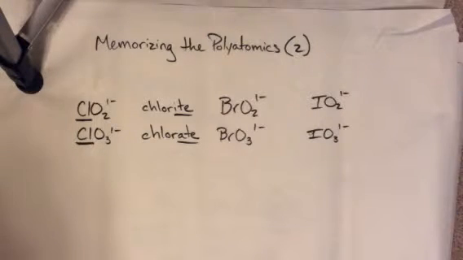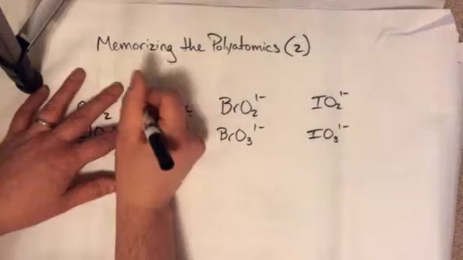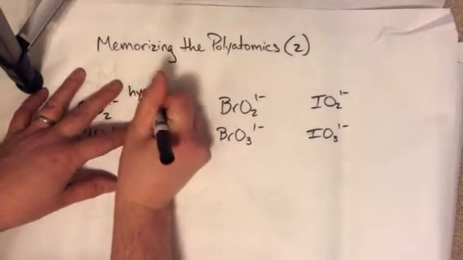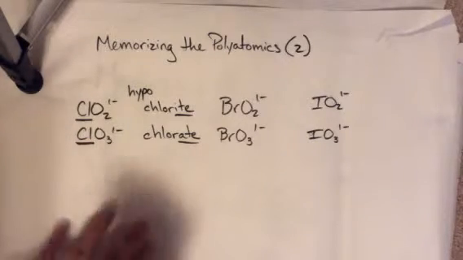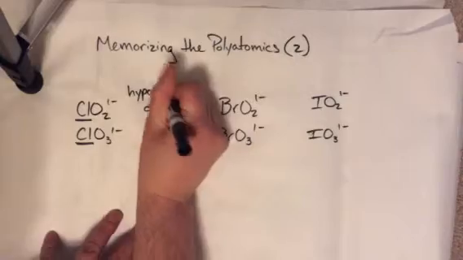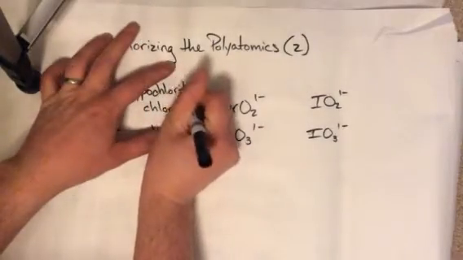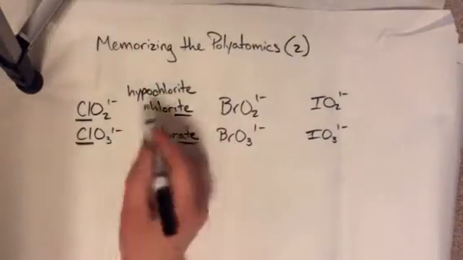Now, I can add a few more to this if I use a prefix in addition to the suffix. Watch this. Hypo means below, like hypodermic, below the skin, right? Below the skin needle, hypodermic needle. Chlorite, hypochlorite.